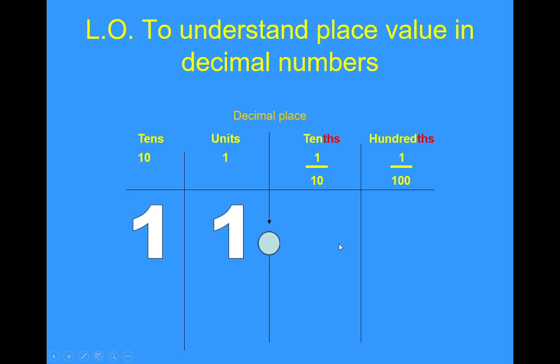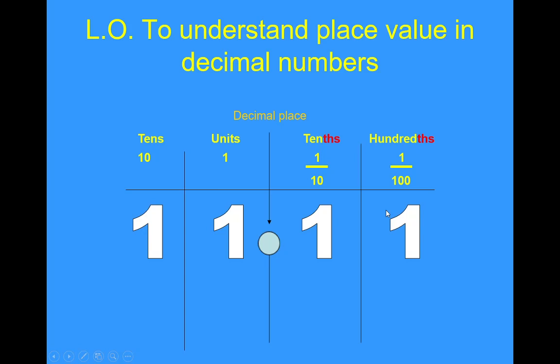So this would be 11.1 or 11 and 1/10. 1 ten, 1 one or unit, and 1/10. And then that would be 11.11 or 1/10 and 1/100.